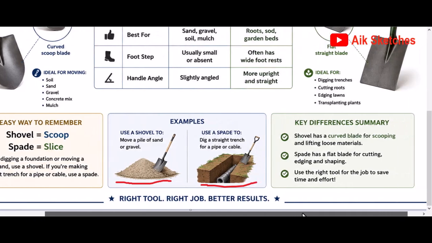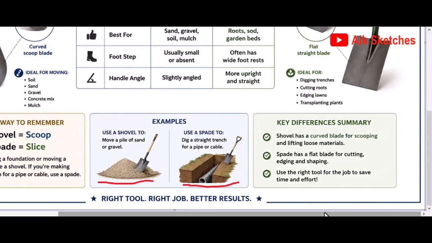So, to summarize everything we've been talking about. Number one, a shovel has a curved blade for scooping and lifting loose material. A spade has a flat blade for cutting, edging, and shaping. Use the right tool for the job to save time and effort.